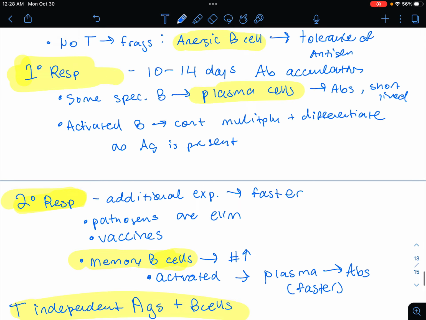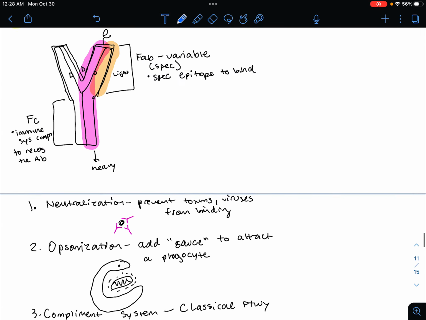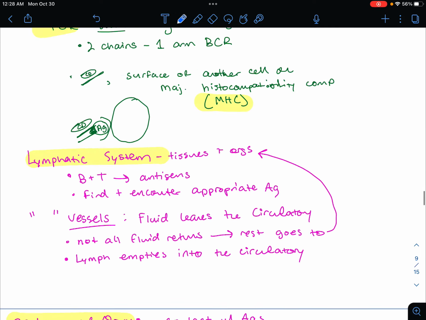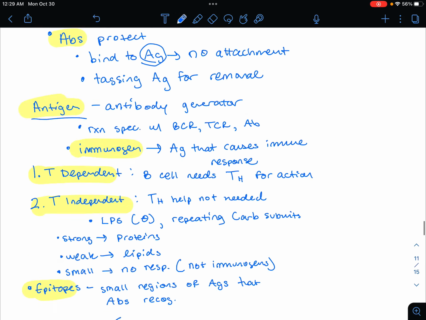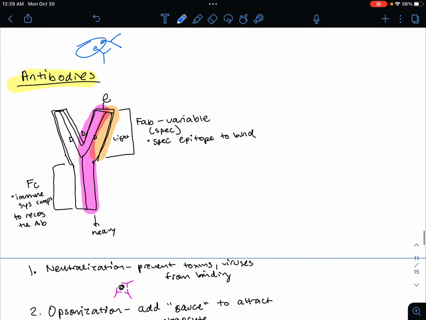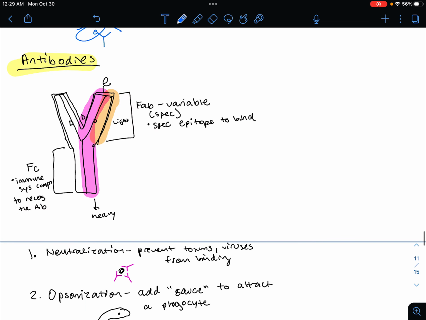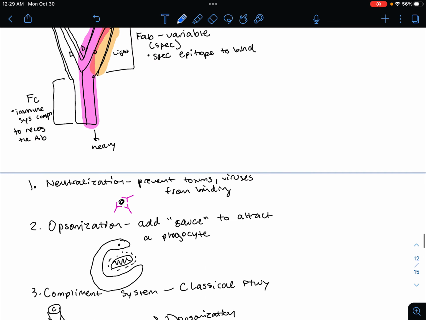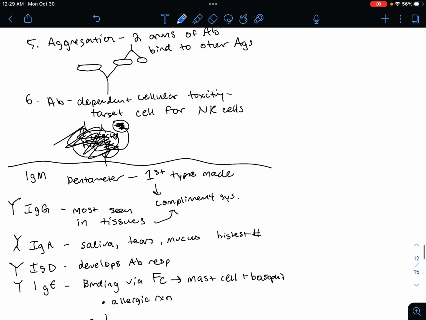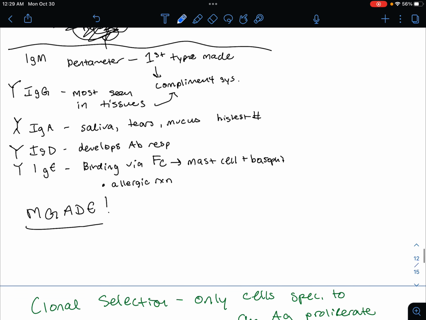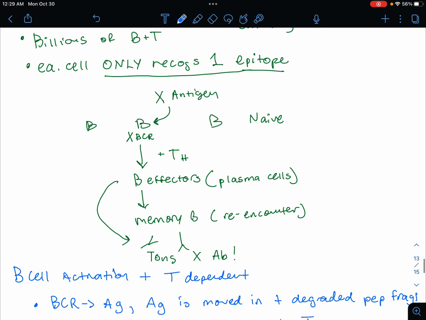Alright, that's going to be everything for the humoral side of adaptive immunity, and we'll get to the cell-mediated in a bit. So the humoral, again, uses the antibodies, antigens as specific BCRs and TCRs, depending on the antigen. If it's T-dependent or T-independent, then we're going to get the differentiation only for the specific naive B cell that has that receptor that is marked for that antigen.